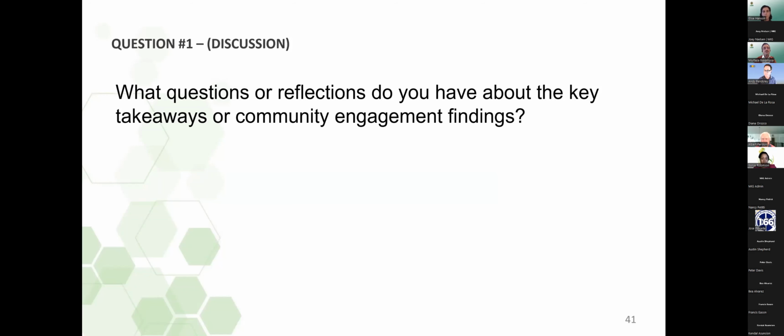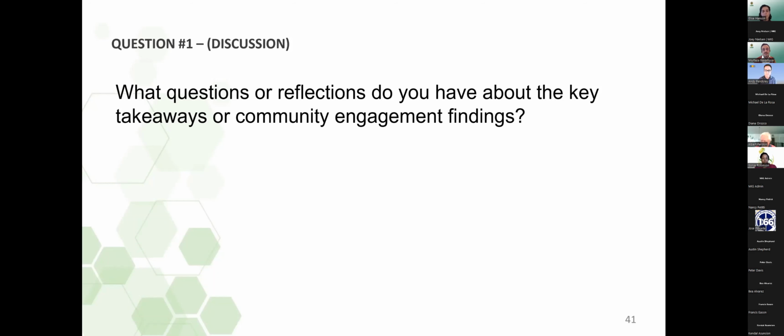We want to make sure that the technical analysis is sound. Nonetheless, we're really excited about the next phase, which is implementation. And the success of implementation depends on active participation by all of us working together. We want to continue to engage. We want to bring more people into this conversation.